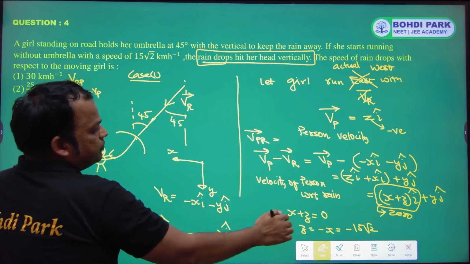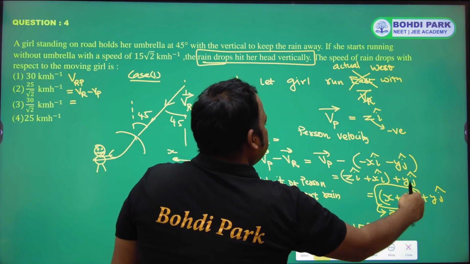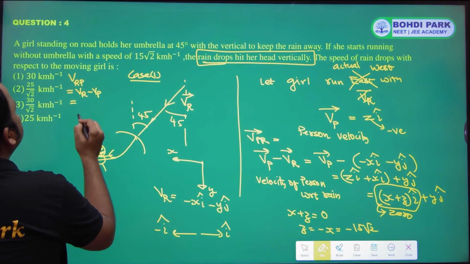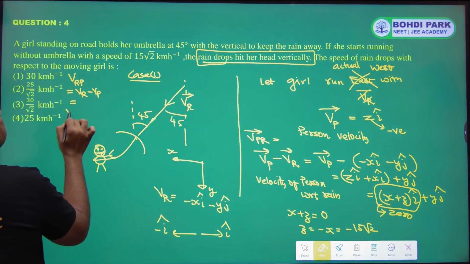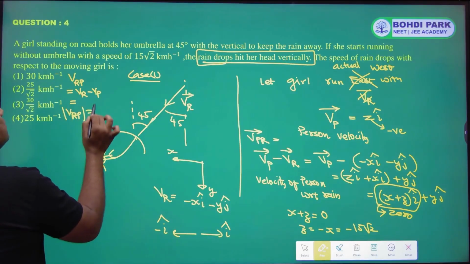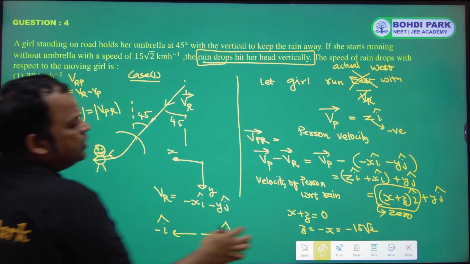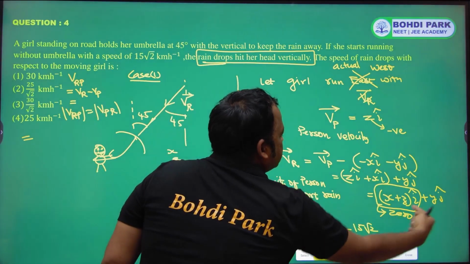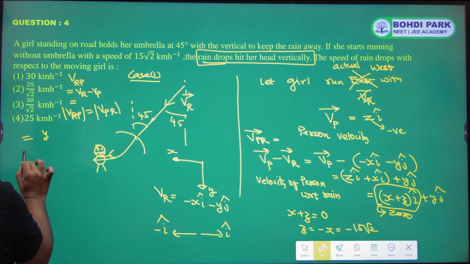So this is VP minus VR, and VR minus VP we have to find. Anyway, we have to find magnitude, and magnitude will be the same. So magnitude of VRP is the same as magnitude of VPR. This is 0, so this is the magnitude y. So the answer is y. Now how to find y?